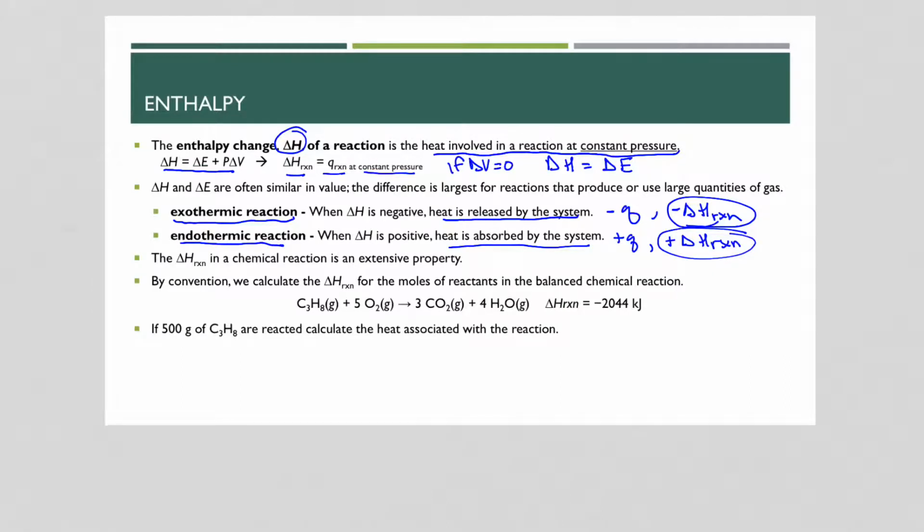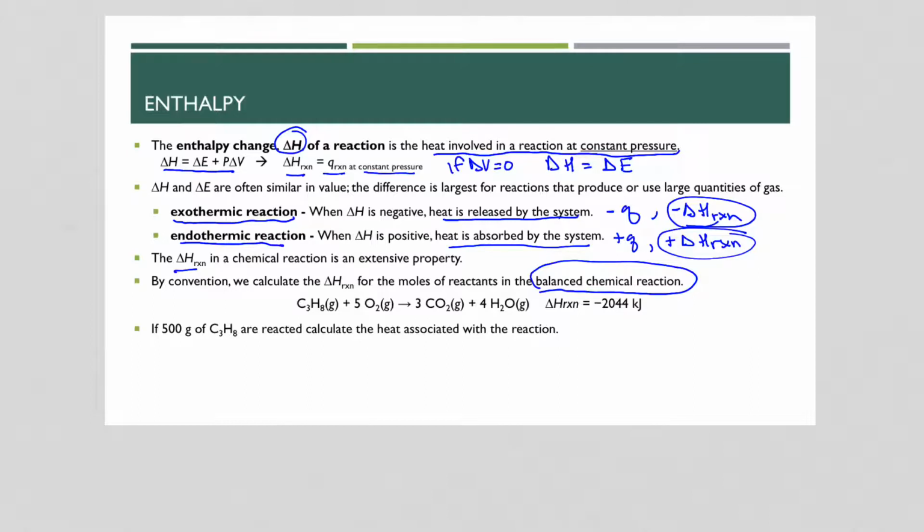Now, we should also note that enthalpy is an extensive property, meaning it changes with the amount. So when we list enthalpies of reaction, the way we typically do it is we list it not per mole, but per balanced equation. So, for example, if we have this combustion of propane here, 1 mole of propane reacts with 5 moles of oxygen to produce 3 moles of CO2 and 4 moles of water.